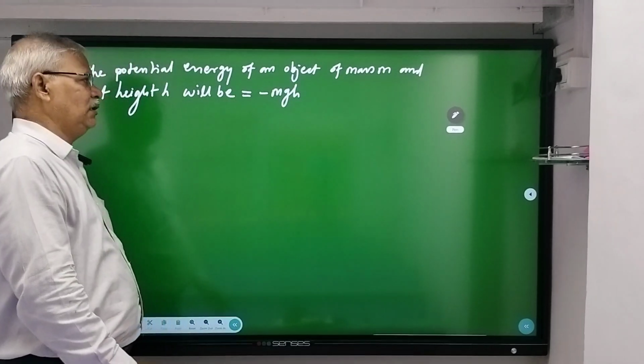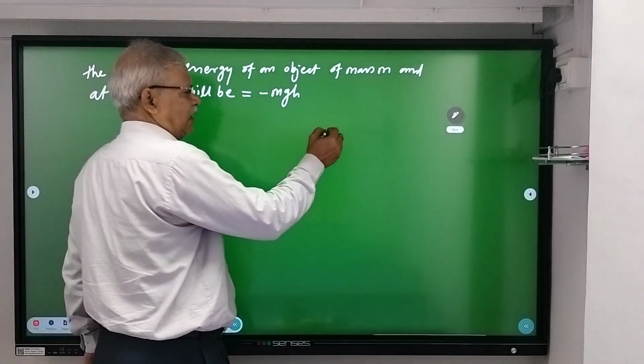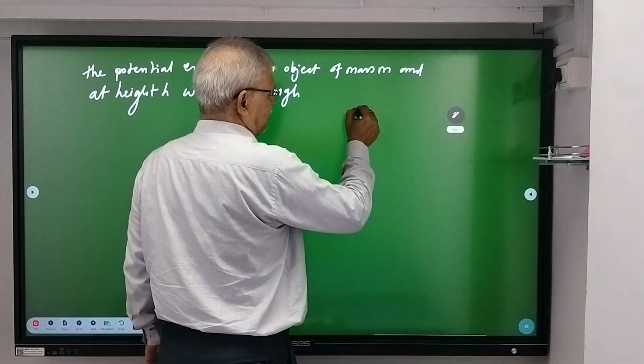Now see here, in your textbook it is given as the potential energy is equal to minus G M m upon r plus h.